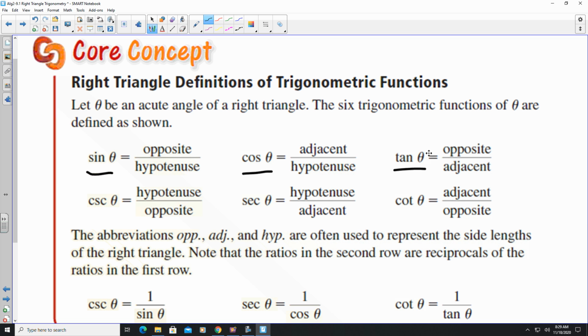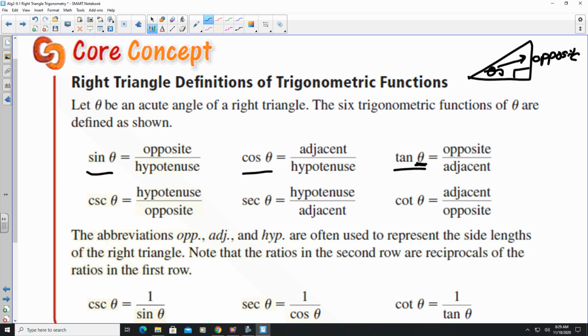If you were to look at a right triangle and you were trying to find the angle theta, what we're going to do is this. If you're looking at that angle, the side opposite is your opposite side.